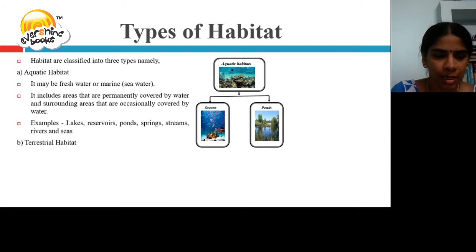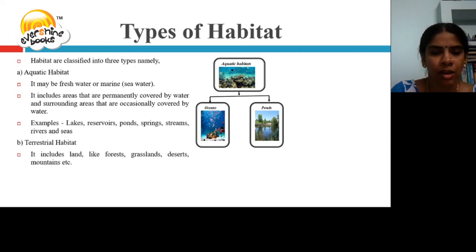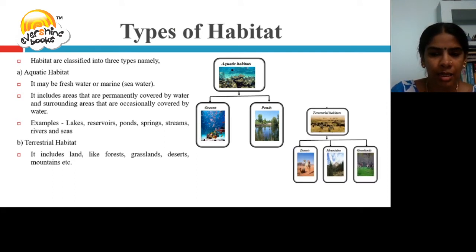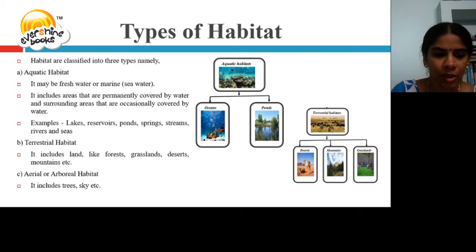Terrestrial habitat, that is the land habitat, includes land like forests, grasslands, mountains and deserts. We call these land habitats. Certain living organisms can live only in those places: forests, deserts, mountains, grasslands, etc. Aerial or arboreal habitat includes trees, skies, etc. You can always see monkeys on the trees.